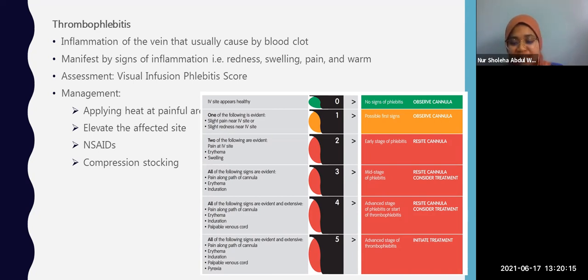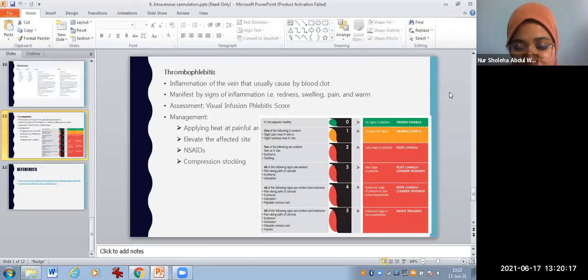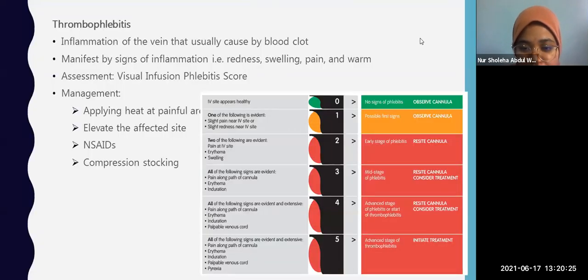Is there any question? Can you tell us some more about the thrombophlebitis score? There are five grades.